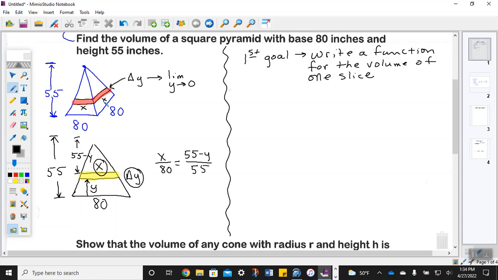Okay, let's talk about the volume of this one slice. This is kind of like a rectangular prism that really has a height really close to what value? 0. Would you guys agree that that's really a rectangular prism? Has a length and a width and a height? Or a square prism, if you will? Well, guys, if I want to write a function for the volume of one slice, I'm going to write it this way. The volume of one slice, I'll write it V slice.